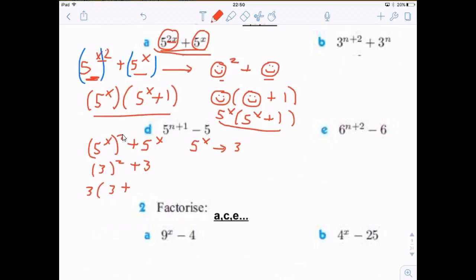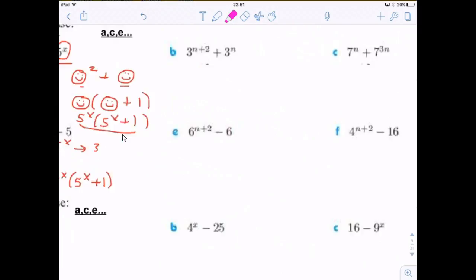I factor out the 3 from the 3, and I'm left with 1. And then I'm going to replace the 3's back with 5 to the x. So now I'm going to get 5 to the x times 5 to the x plus 1. So that's essentially what I'm doing with the happy faces there. I'm using them as a symbol just to represent the 5 to the x, because 5 to the x is intimidating.